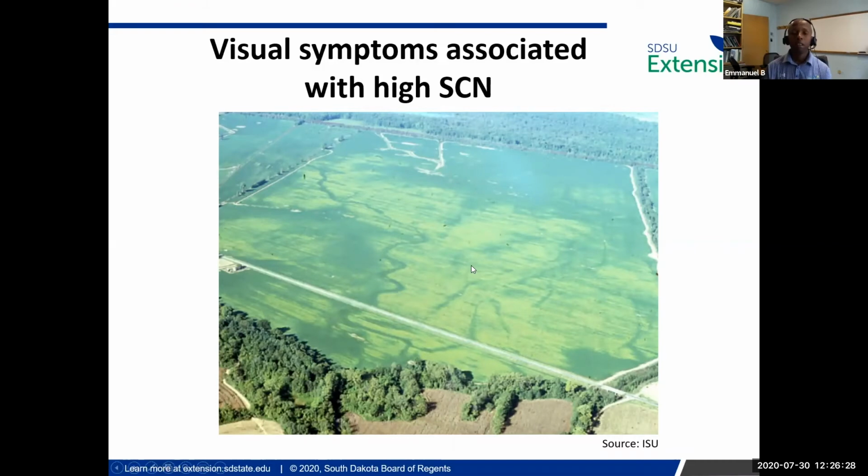And so SCN is best managed using resistant varieties. But it's important to switch between these sources of resistance. So not only rely on PI 88788, but also mix in with Peking and other sources of resistance against this SCN.